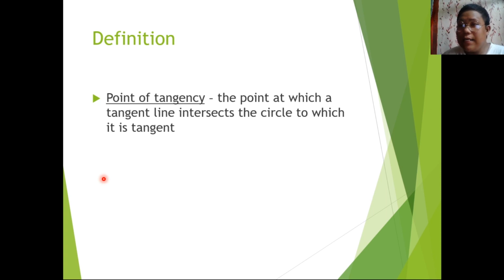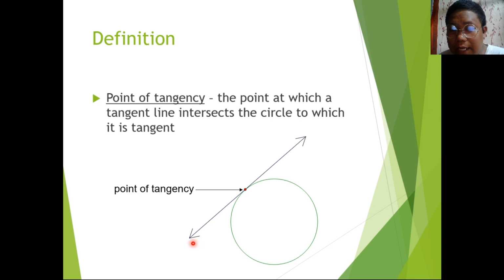Going back to the tangent, right? A tangent is a line that intersects exactly one point of the circle. The point that it intersects at one point is what we call the point of tangency. Again, the point of tangency is the point at which a tangent line intersects the circle to which it is tangent.